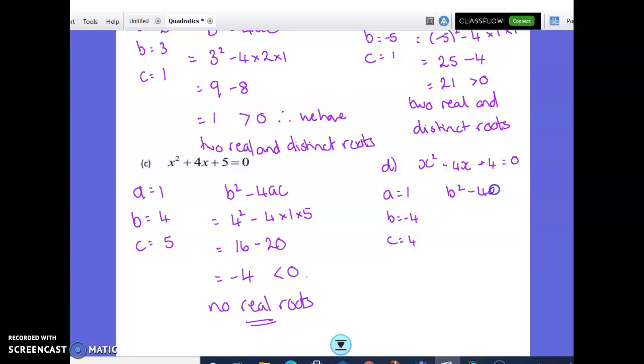So b squared minus 4ac: minus 4 squared minus 4 times 1 times 4, which is 16 minus 16, which is 0. Therefore we have repeated roots, or equal roots if you prefer.